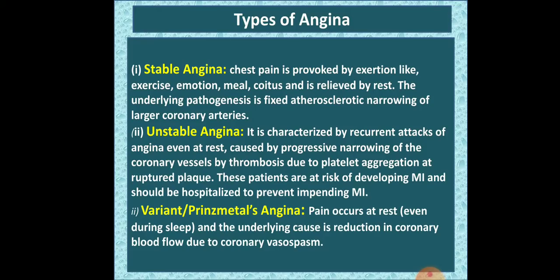This is possible with the help of, you know that on the heart there are beta 1 receptors, and when these receptors are stimulated, there is an increased heart rate, increased force of contraction, increased conduction. So if you give a beta blocker, all these will be reduced to a considerable extent, which will reduce the oxygen demand of the heart.